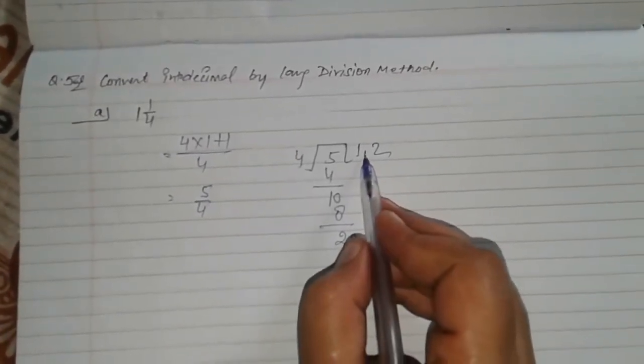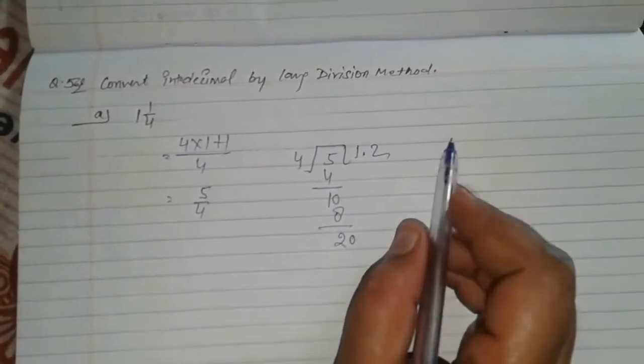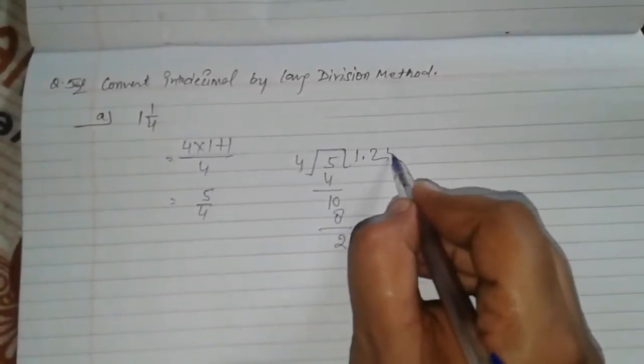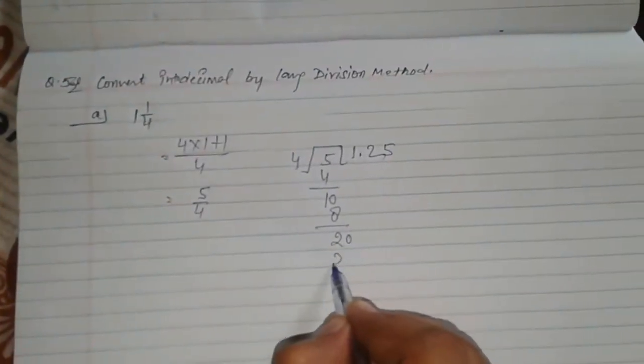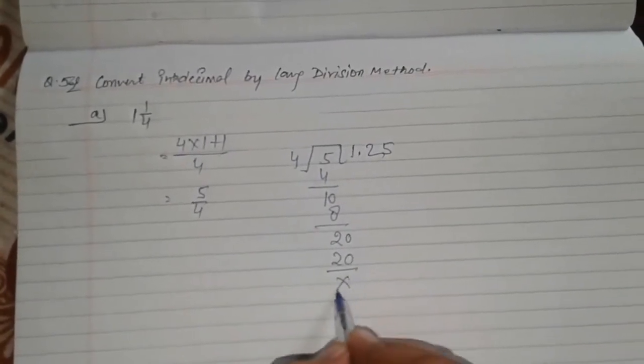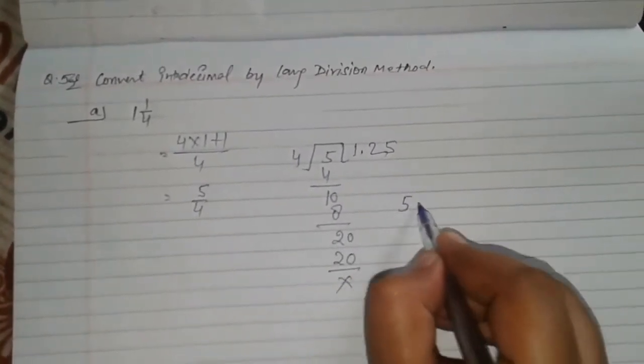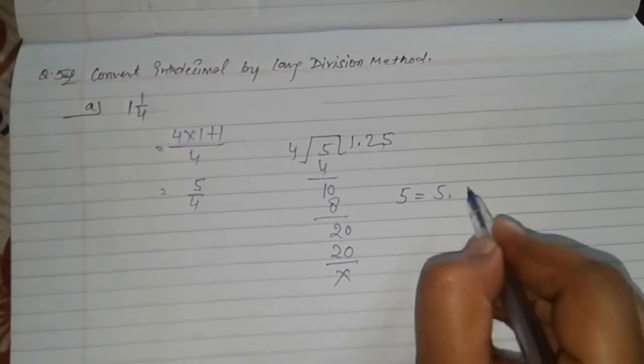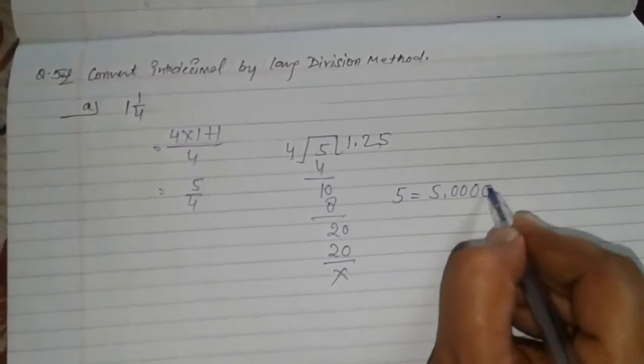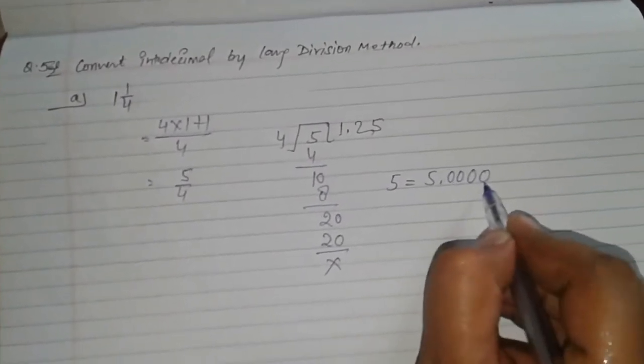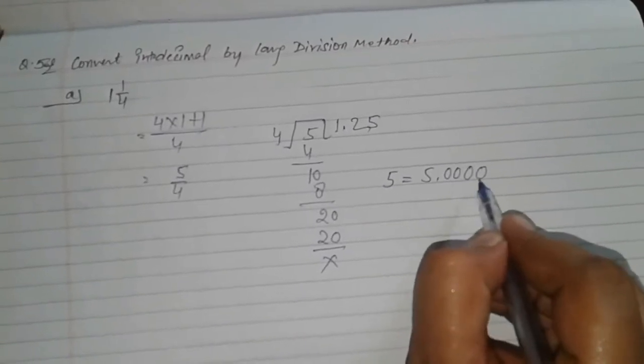We need not put the decimal again and again, because 5 is equal to 5.0000. You can use as many zeros as you need.